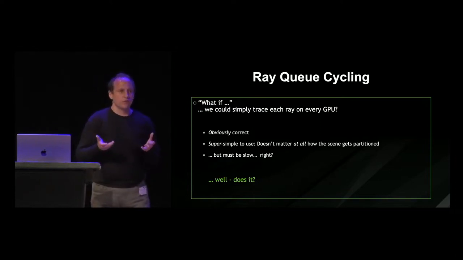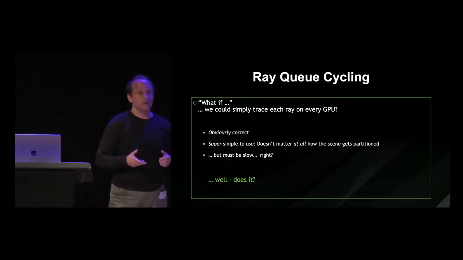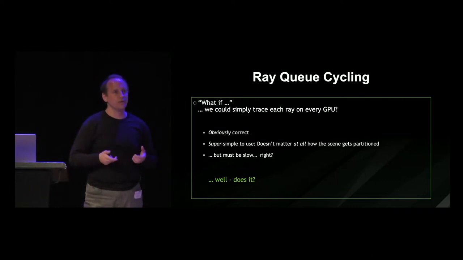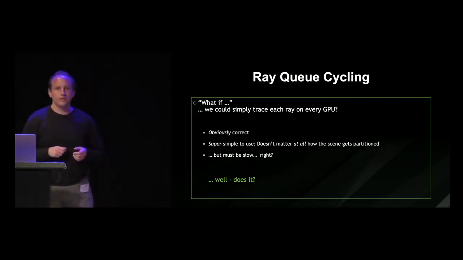This is obviously correct: when the data is distributed among the GPUs, and every GPU has processed all the rays and we updated hit records accordingly, then in the end we'll have something valid, and we'll be back on the GPU we started at.